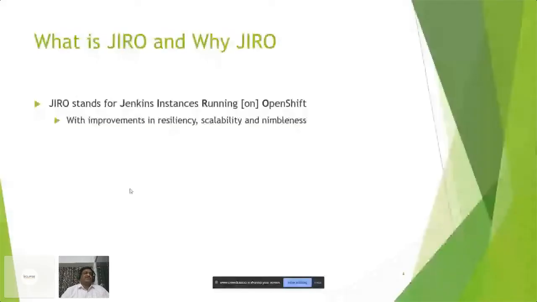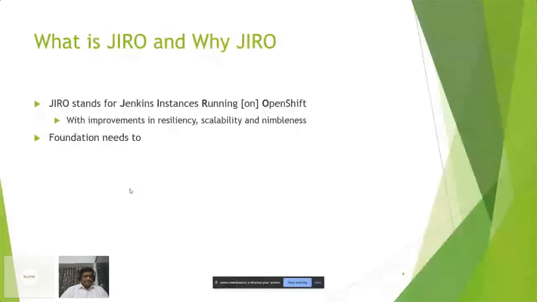This also provides resiliency and scalability, which means we can add as many machines as we want to the OpenShift cluster. OpenShift will distribute the resources across all the projects. So since resources are getting expanded, we'll have somewhat faster build times as well.